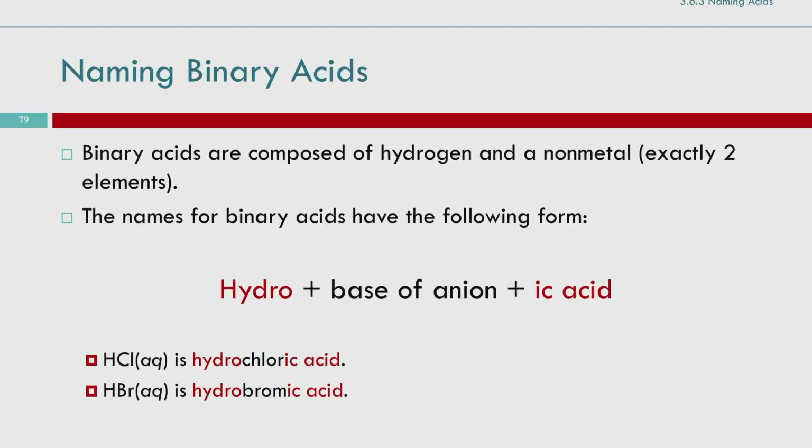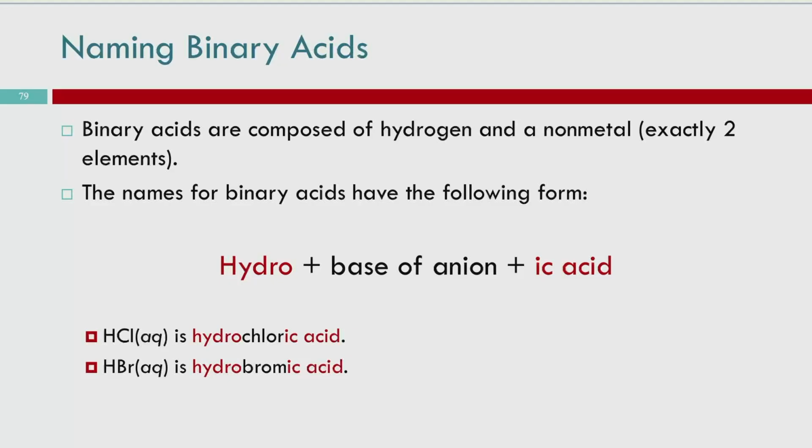For naming binary acids, these are arguably easier. There's fewer steps. Our big signature piece for binary acids is, of course, having only two elements. And in the name, we put hydro in front. Hydro is important. The hydro in front means that it's binary. That's a signal word for chemists that it's just two things.